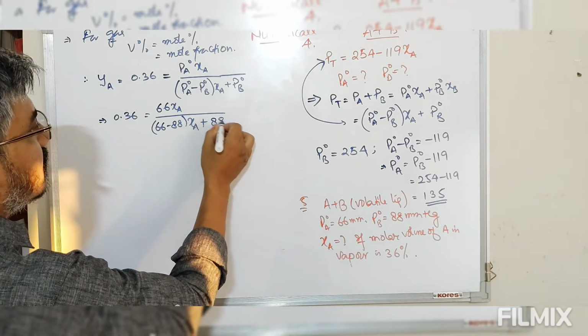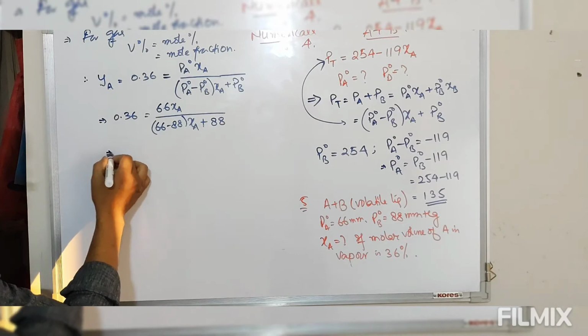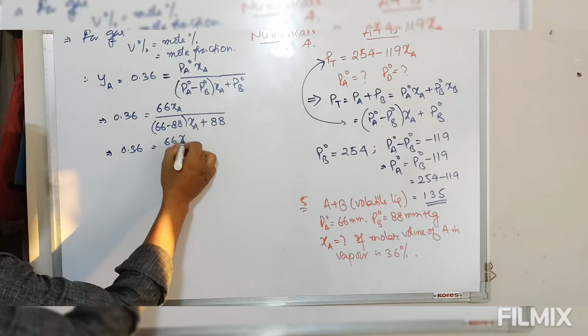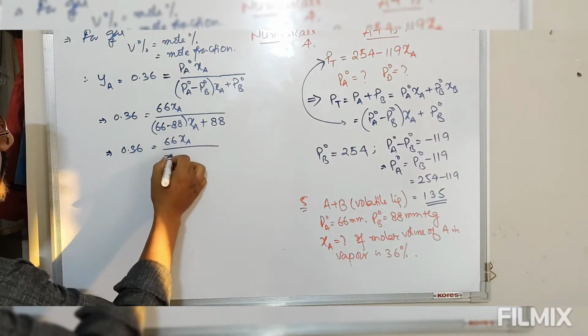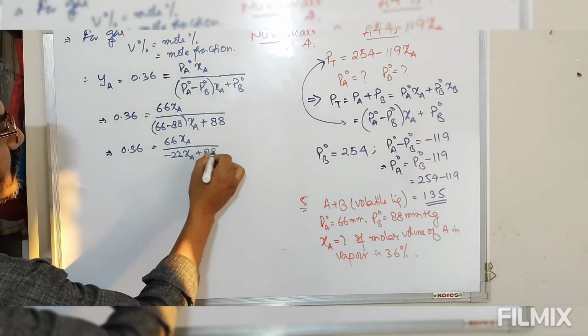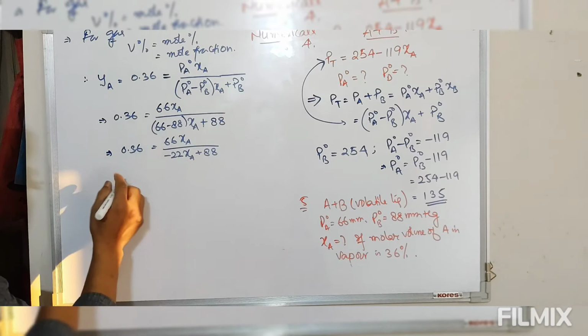Now we have to solve this equation. So 0.36 is equal to 66 times the mole fraction of A over minus 22 XA plus 88. By solving this equation, we will find the value of A.